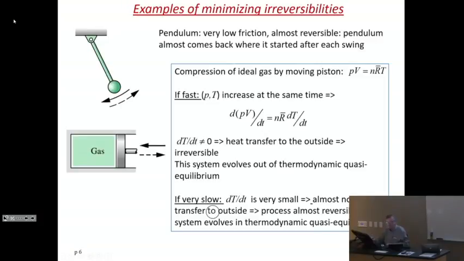There's no heat transfer to the outside ideally. That means that the process is almost reversible. That is a means to minimize irreversibilities. And that is what happens when we say that the system evolves thermodynamically in quasi-equilibrium.